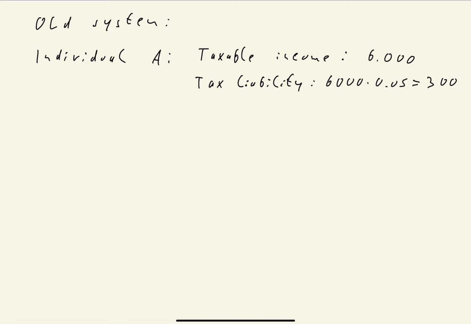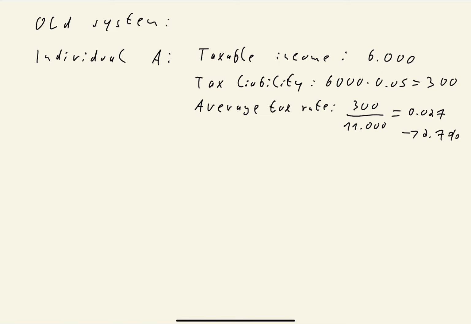Therefore, the average tax rate would be 300 divided by the total income, which was 11,000. And this is equal to 0.027, and hence 2.7%. This is the average tax rate of individual A under the old system.